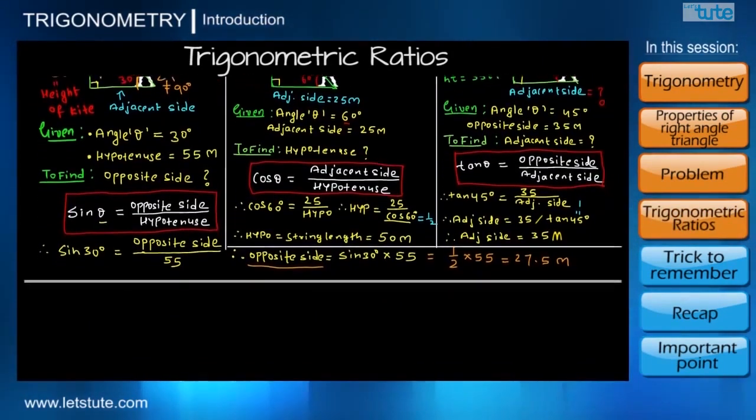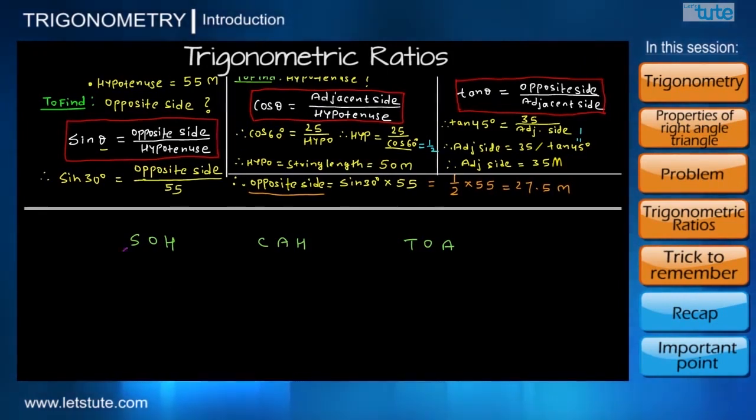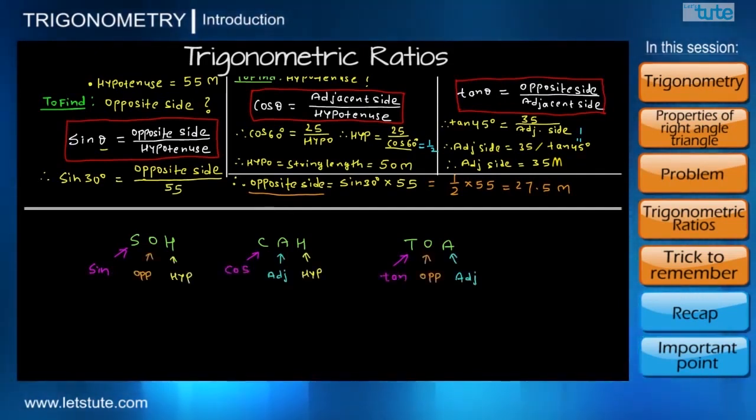We can remember these three trigonometric ratios by remembering a name, SOHCAHTOA, that is SOH, CAH and TOA, where S, C and T stand for sine, cos and tan, and O, A and H stand for opposite side, adjacent side and hypotenuse.